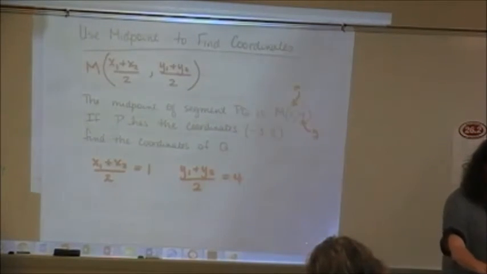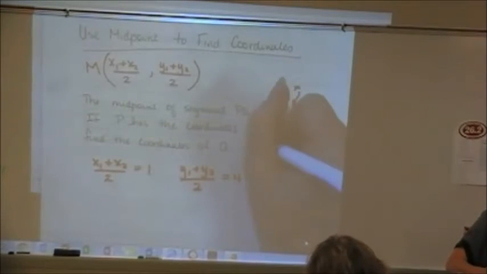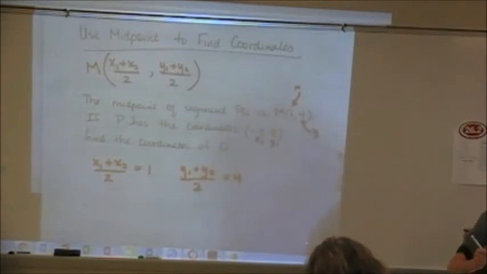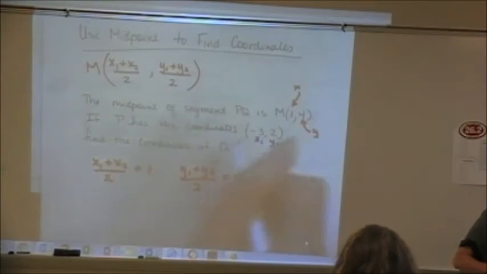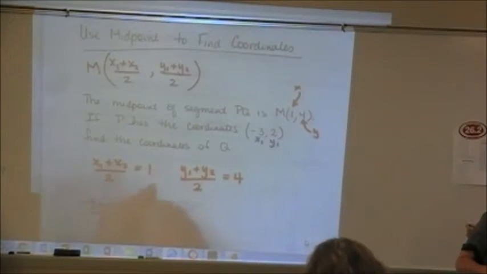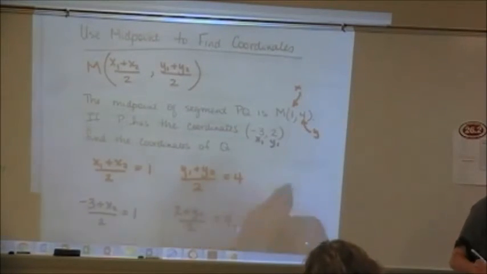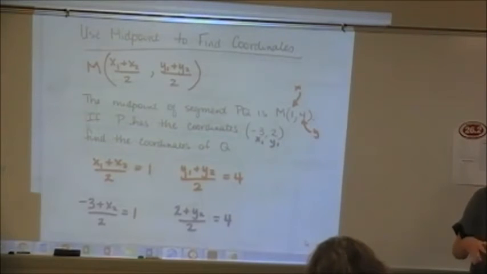It doesn't matter which one you want to call it, but just because it happens to be here, I'll call it x1, y1. So I'm going to plug that over where my x1 is, so I've got -3. And now you're just solving for the variables you don't know.